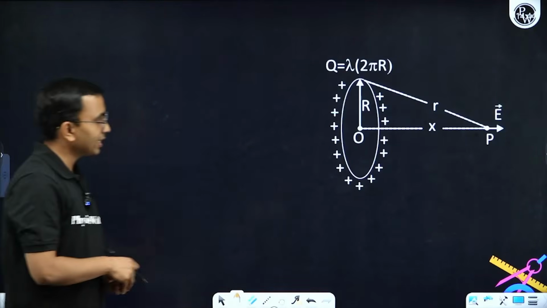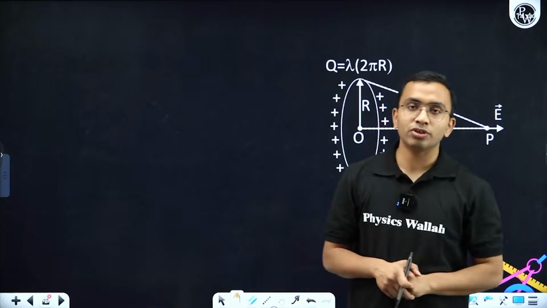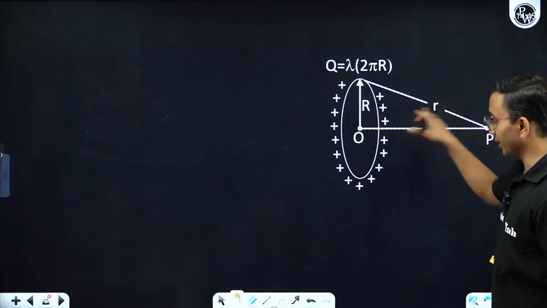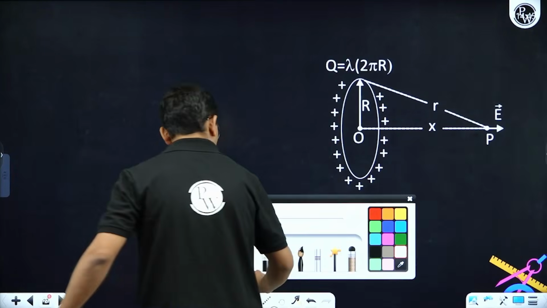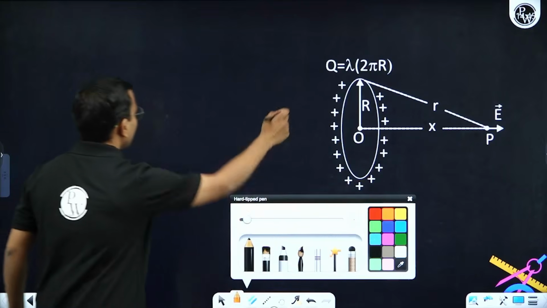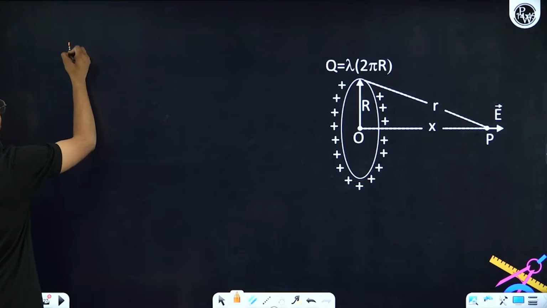Now next, we have to find the electric field due to a uniformly charged ring on its axis.